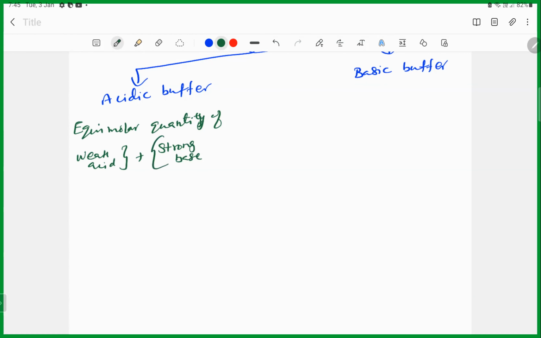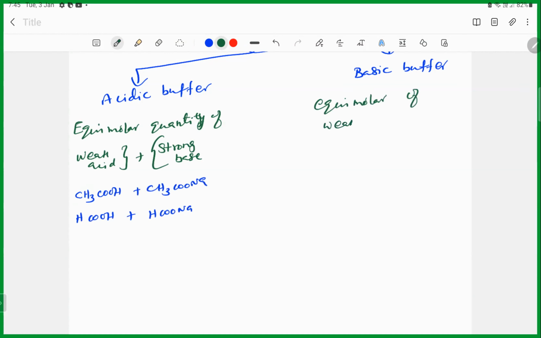For example, acetic acid plus sodium acetate. Same way, formic acid plus sodium formate.